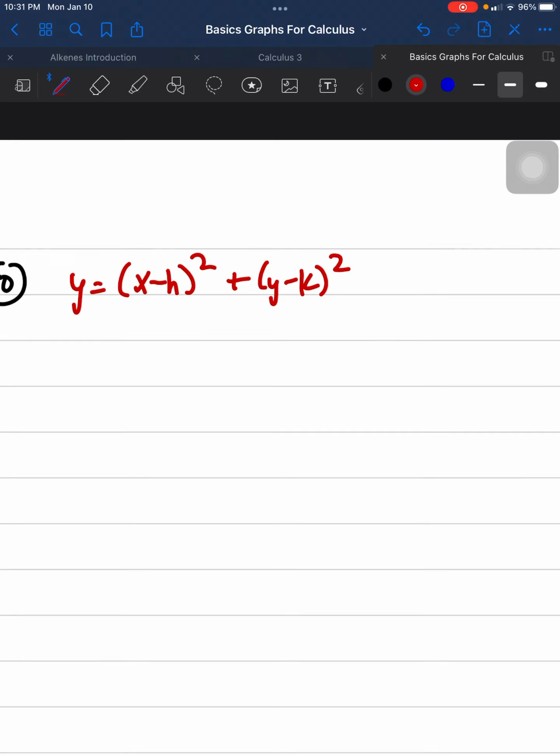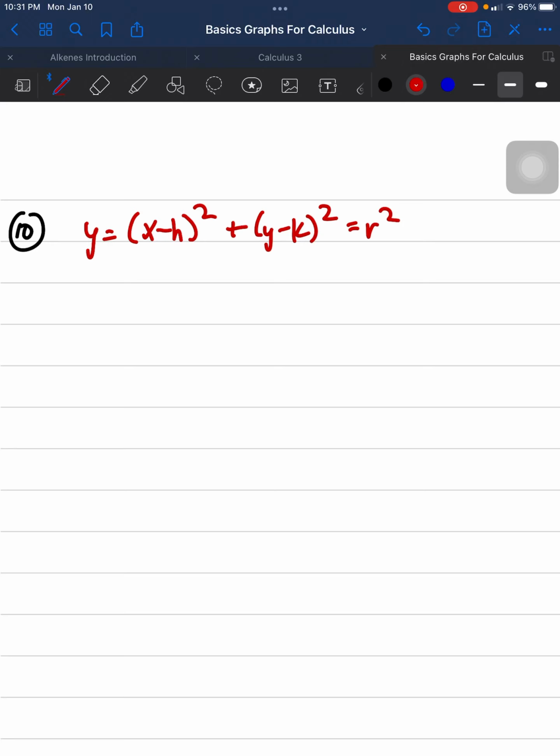When you're figuring out the formula for the circle, you're going to need the radius in order to find the r squared. h and k represent the center of the circle.